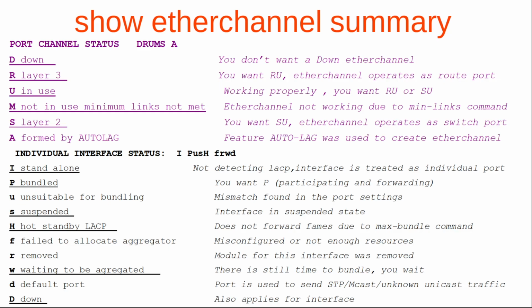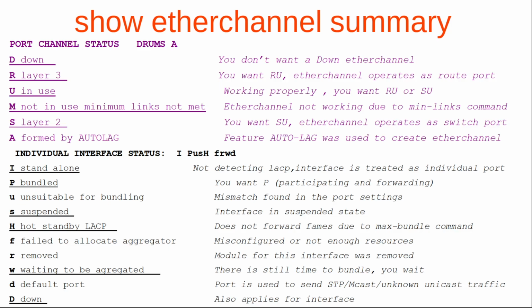That means that it is participating and forwarding within the EtherChannel. If you see the letter S, that means that the interface is suspended. This can happen probably if the other side is in shutdown mode, or maybe the interface was not configured correctly. Some of its settings didn't match the settings of the other interfaces.